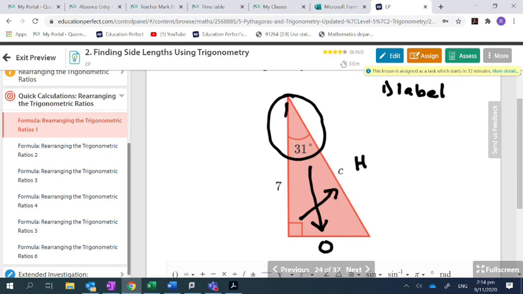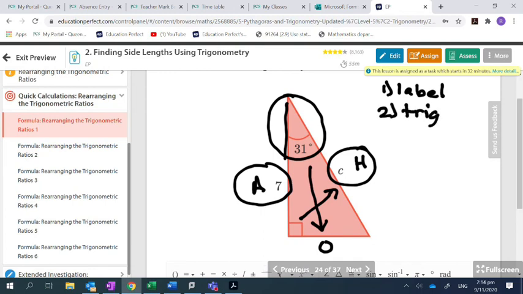And this one right next to it is called the adjacent. Now, these are the two I'm going to be using, A and H, so which trig function? That's CAH, right? And CAH is cosine of your angle equals adjacent over hypotenuse.